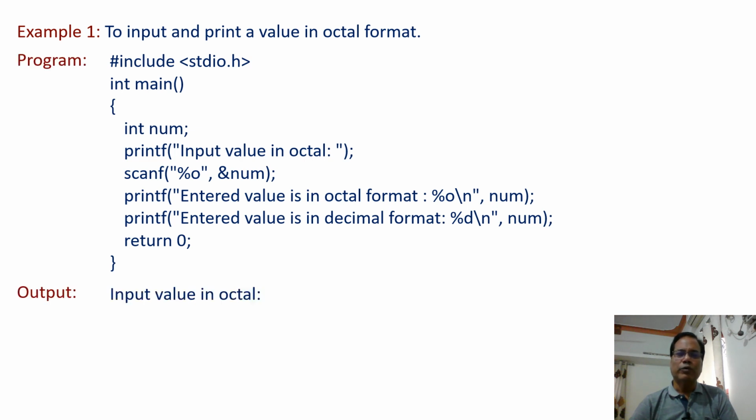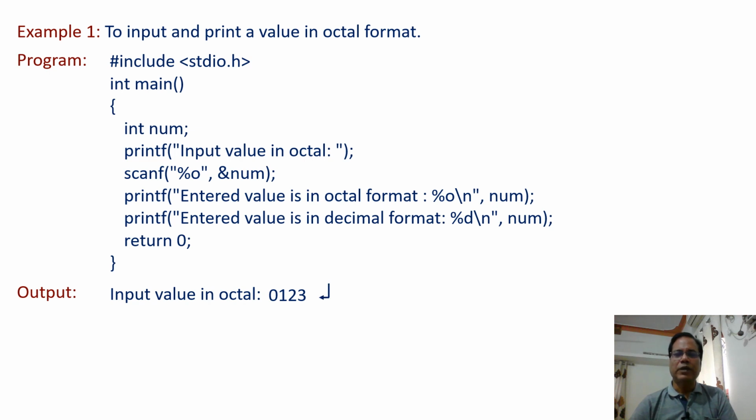When this program is run, we get the output like this one: input value in octal. We have to input an octal number, and every octal number in C programming is represented with a preceding 0, so 0, 1, 2, 3. When we write this, the compiler understands that this is an octal number.